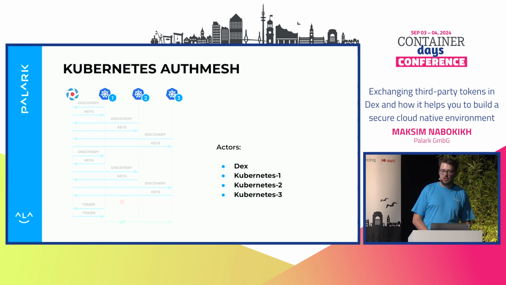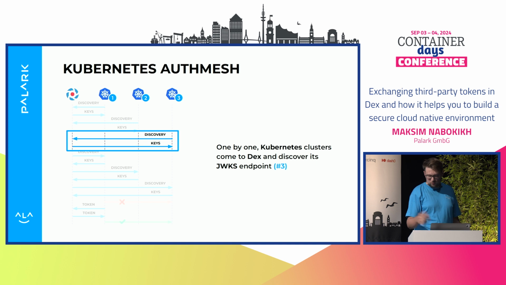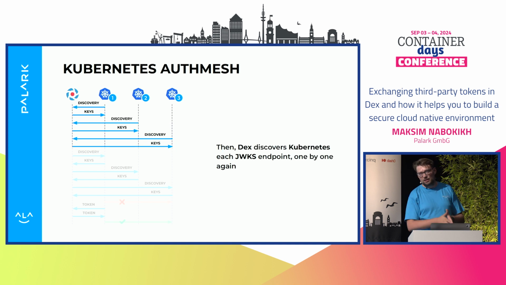What can we do in this situation? There are 4 actors now, DEX and 3 different Kubernetes clusters. The first thing that we are doing is connecting DEX to each Kubernetes cluster as OpenID Connect provider. So each Kubernetes fetches DEX keys, and now they all have keys of DEX, so DEX tokens can be trusted by all these Kubernetes clusters.